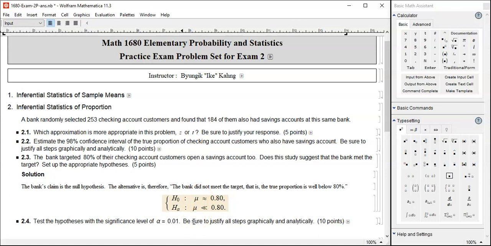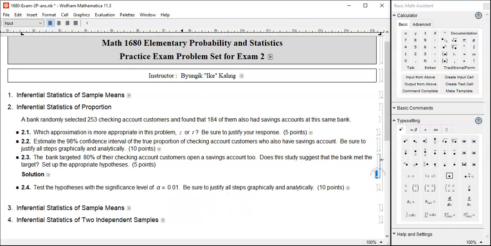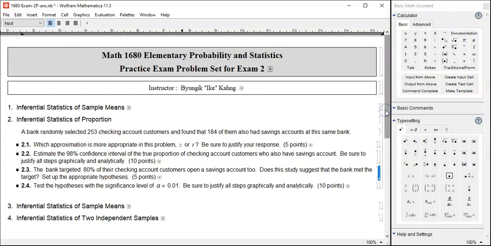Mu is usually the best deal. Now this is a proportion, so to be really precise, you'll have to use the Greek letter associated with proportion. So pi is a little bit more appropriate, but it can be a little bit confusing. In a math course, if you say pi, it means something else. It's 3.14. It's a little bit different here. You can use mu if you want to.